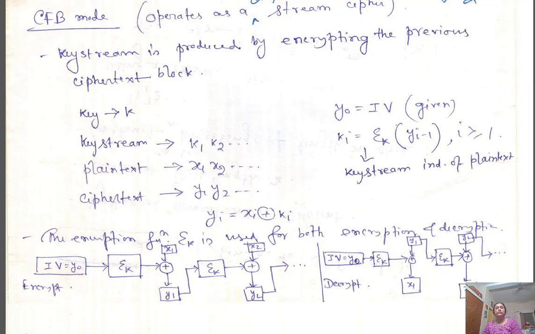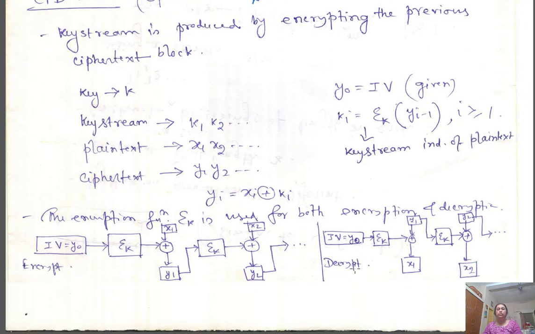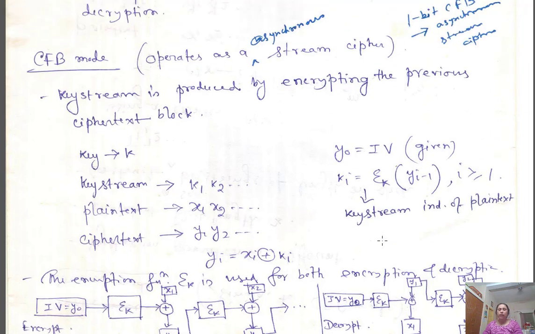So in CFB mode also, for encryption and decryption we use the same encryption function. The decryption function is not used, the encryption function is used every time. And mind that if you compare this with OFB key stream generation, there we use the block cipher with the initial key and encrypt the previous key stream block to generate the next key stream block. But here, through this block cipher, we encrypt the previous ciphertext block.